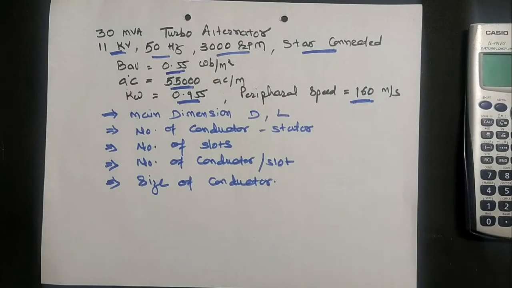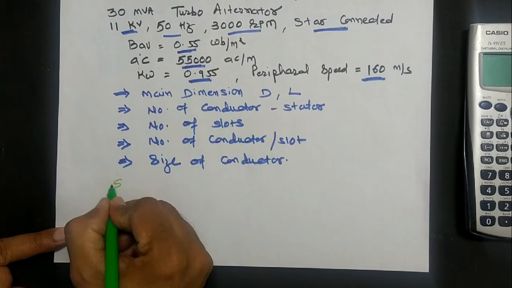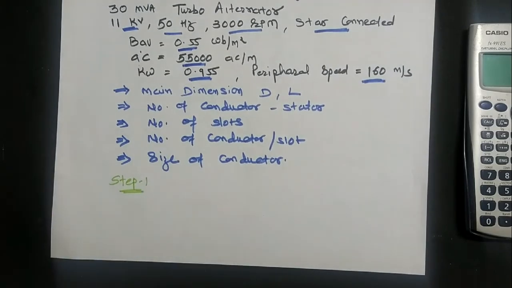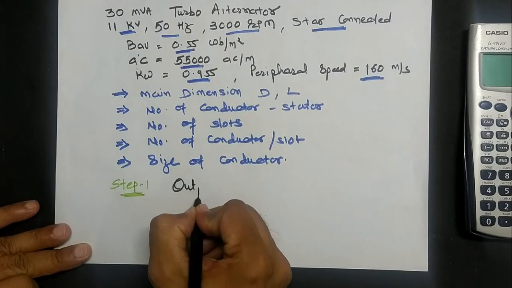Suppose we start with step 1. Step 1 is to decide our output coefficient.